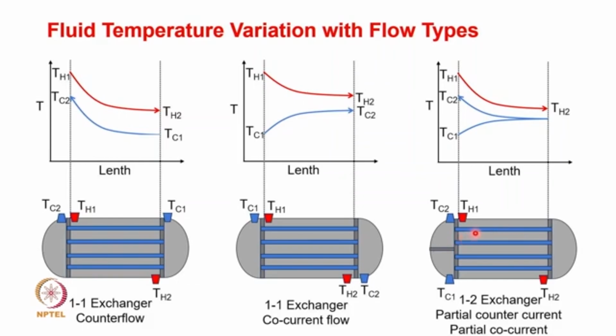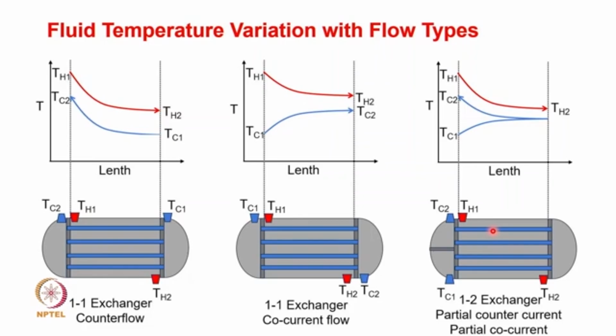So the flow direction inside the tube is reversed, and in the first part the flow is parallel to the direction of the hot fluid, and in the second part the flow direction is opposite to that of the hot fluid. So this is typically known as partial counter current and partial co-current flow.